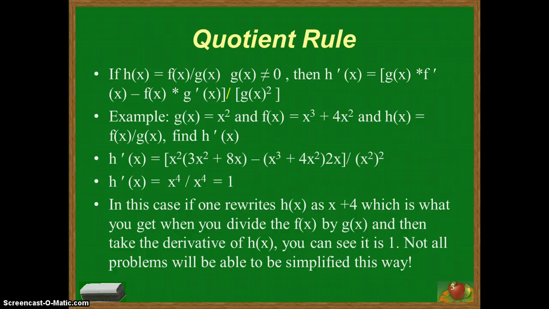Example, let's let g of x equal x squared and f of x equal x cubed plus 4x squared. Then h of x would equal f of x divided by g of x. Find h prime of x.